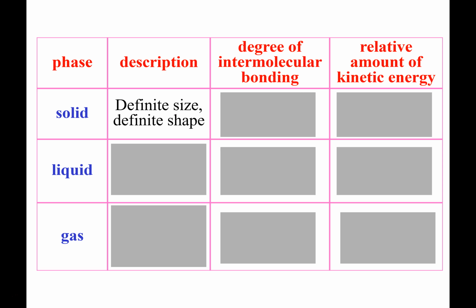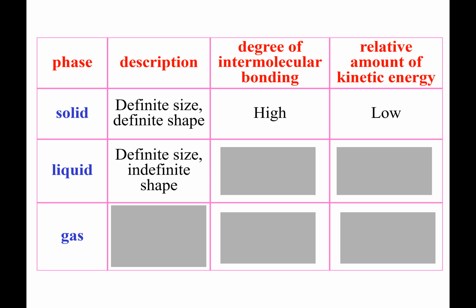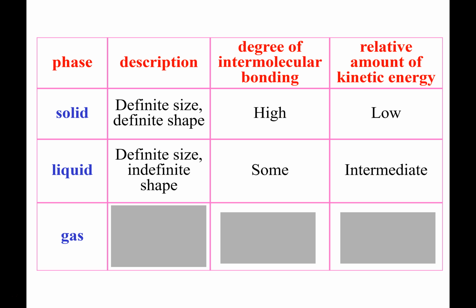We talked about this before, related to how matter behaves in its solid state. It has a high degree of intermolecular bonding and low kinetic energy, so it has a definite size. It doesn't take on the size or the shape of its container. Liquids will take on the shape of their container but have a definite size, with medium intermolecular bonding and kinetic energy.